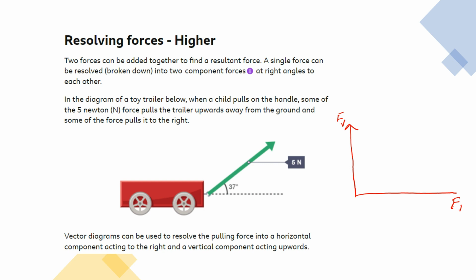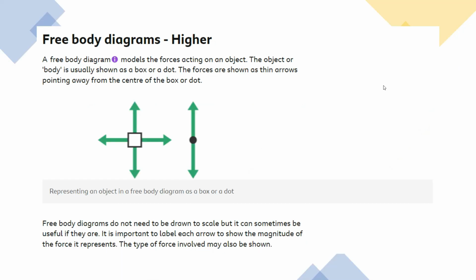And this is the horizontal force, and you are applying this force of 5 Newtons at an angle of 37 degrees. Now you have to always remember, to resolve a force you have to break down any force into vertical and horizontal components. Right, now we will see why.